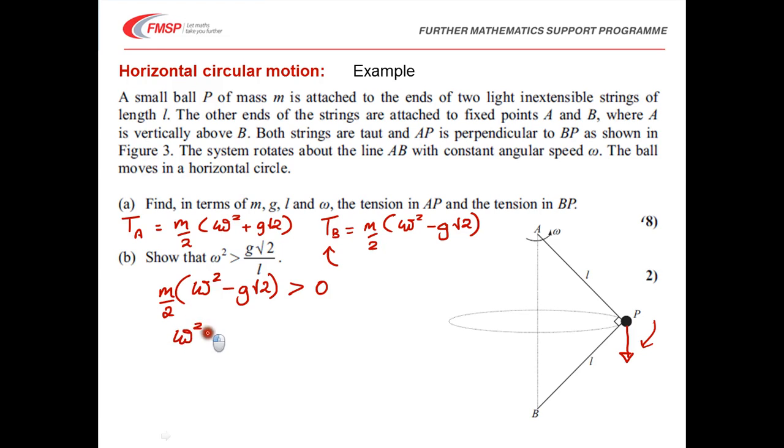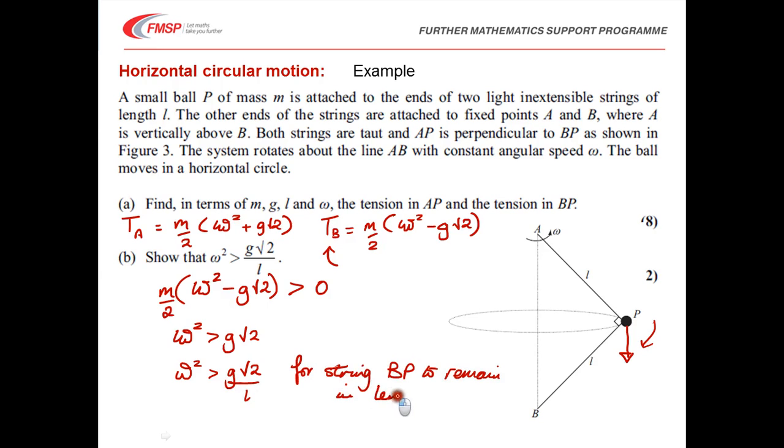That gives me L omega squared is greater than g root 2, and hence omega squared greater than g root 2 over L for string BP to remain in tension. So just giving the examiner a little explanation of why we know that that works.